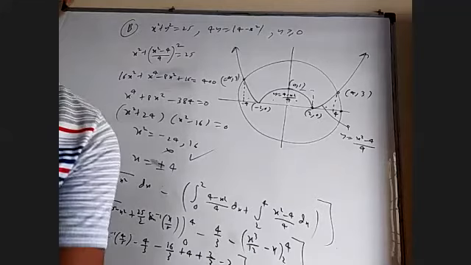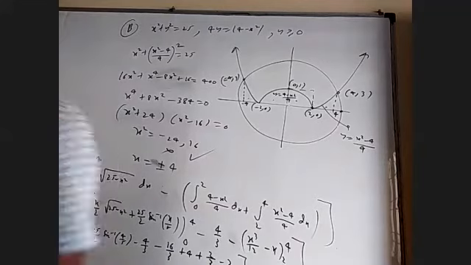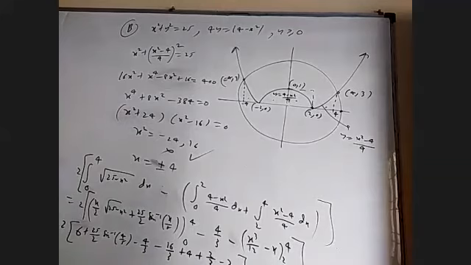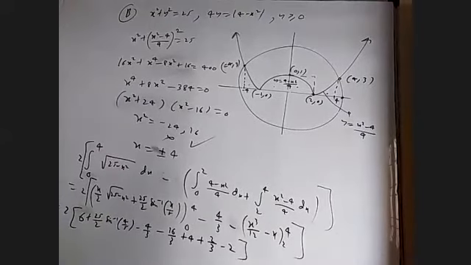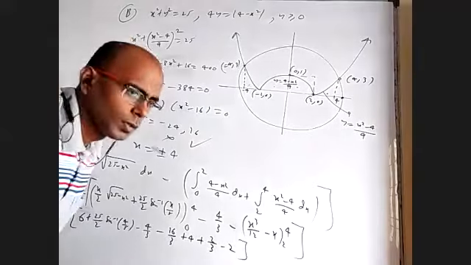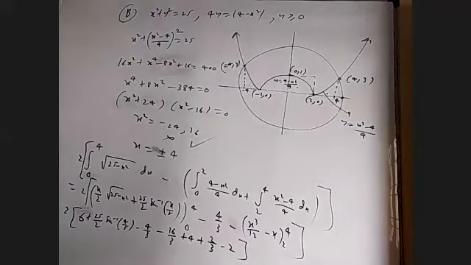Okay, let's see some parts. Are we getting the answer? 25 sine inverse 4 by 5.